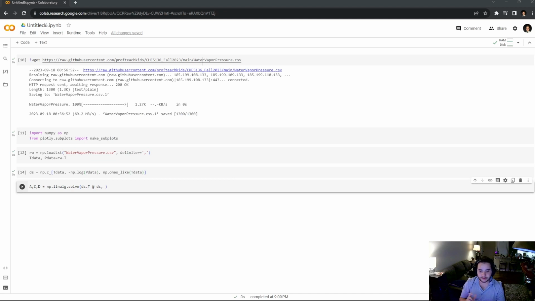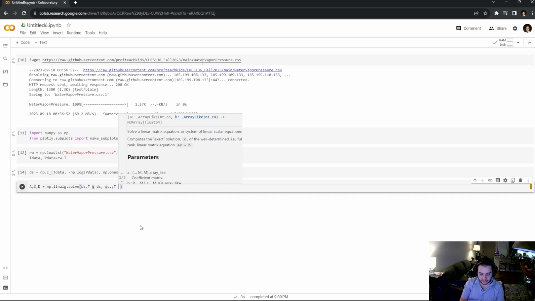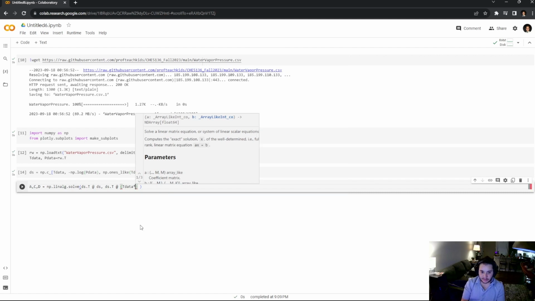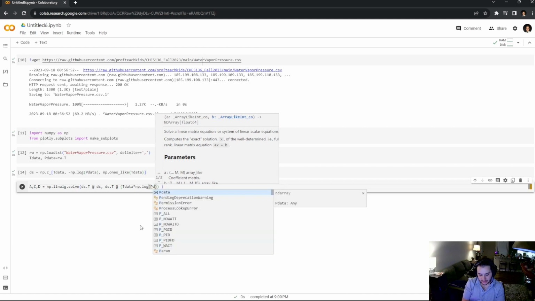So now we need to multiply our temperature and log pressure matrix by the transposed of our design matrix. So we have ds.T multiplied by our T data times our np.log P data.